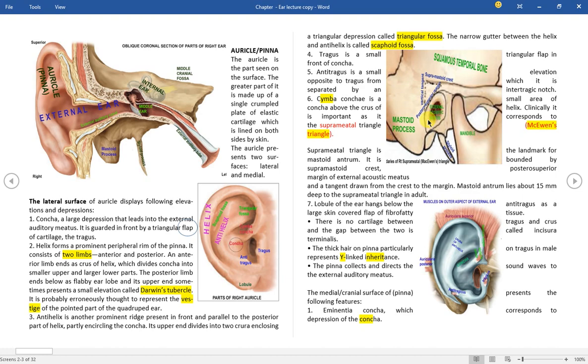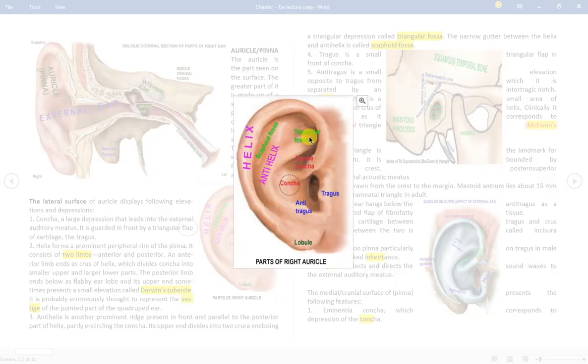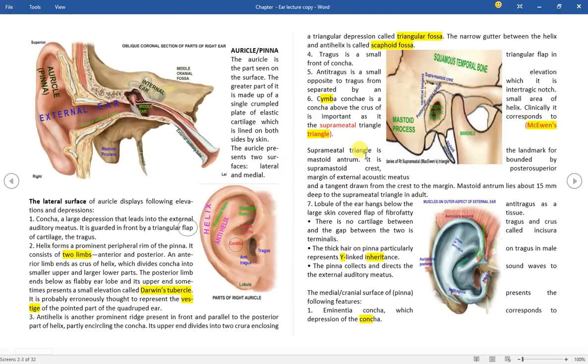Sorry, this concha, if you see this concha, if you drill below this area, you will find a triangular structure in the bones that is called suprameatal triangle. It is also known as McEwan's triangle.